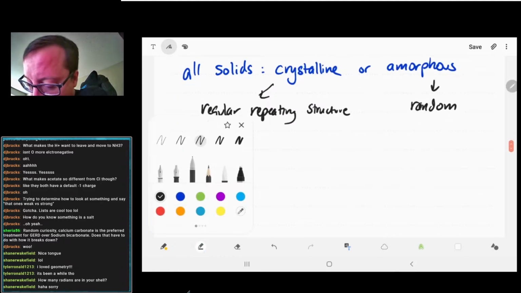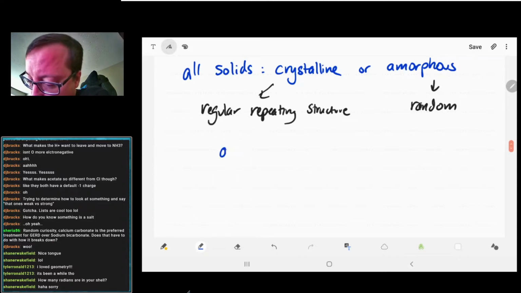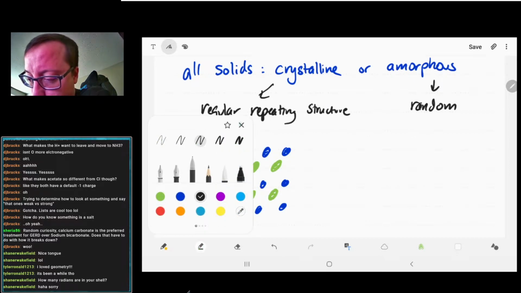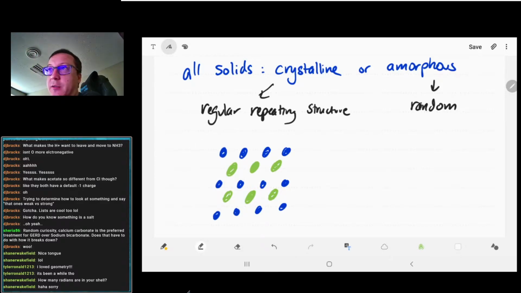So if I draw our ionic structure from before, this is just going to be in 2 dimensions because my artistry skills are so good. If we pretend this is in 3D, the layer behind it would be the opposite, where we would have blues where the greens are and greens where the blues are.